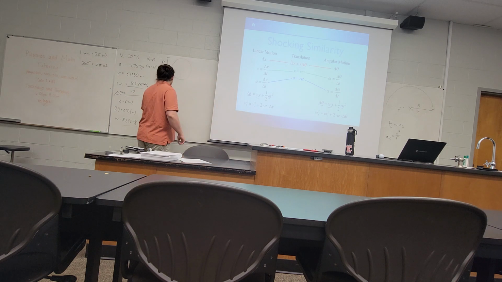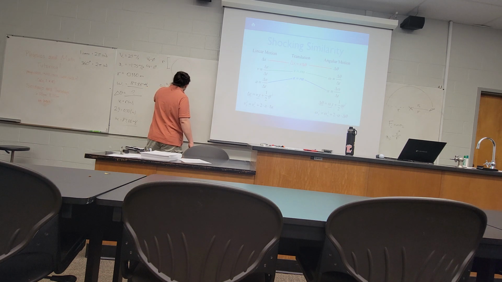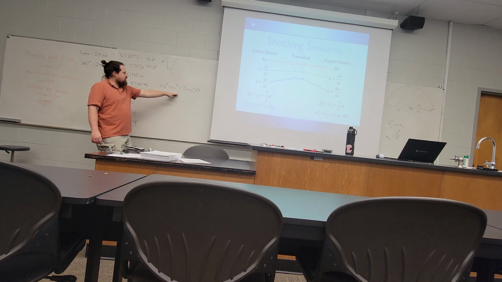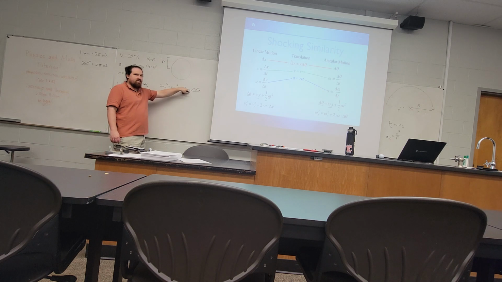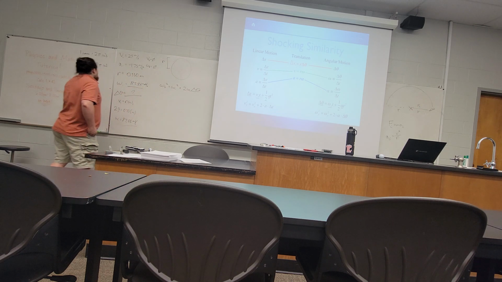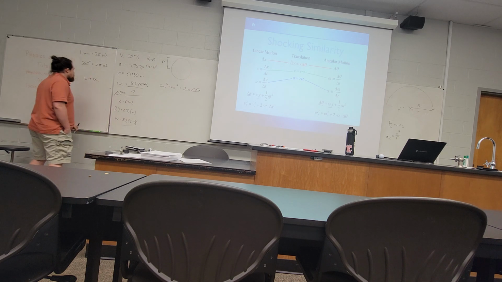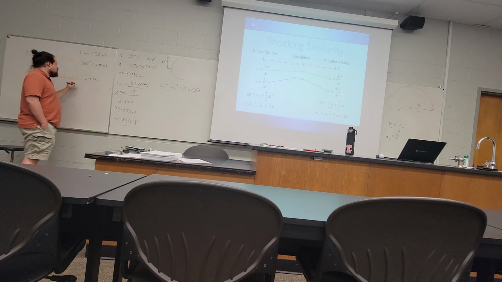I'm going to use the angular formula: omega final squared equals omega initial squared plus 2 alpha delta theta. We want delta theta. We do know the change in angular speed already, so we just need to figure out alpha. And conveniently, we are able to turn A directly into alpha with one of those middle formulas.